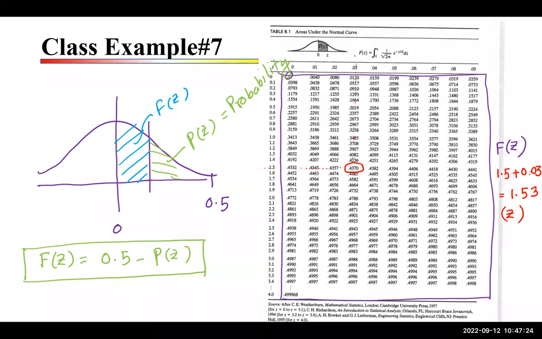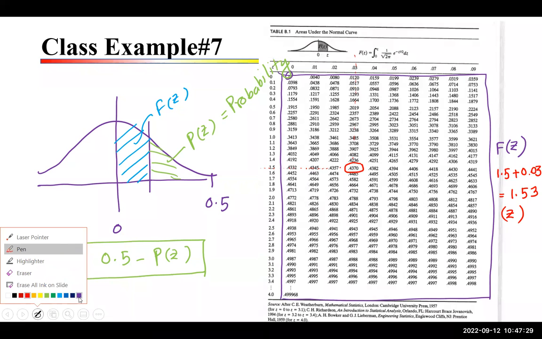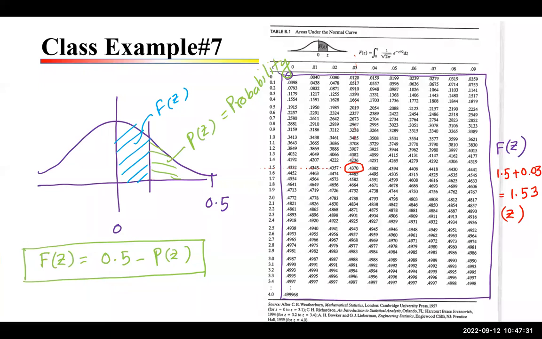One more practice just to make sure we understand that. You will tell me this time, okay? I picked that number. Can you tell me what the Z value is for this number? 2 plus 0.05, which is what? This one, right? Is that correct?